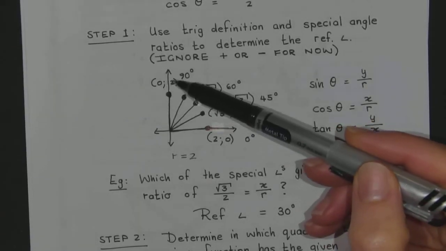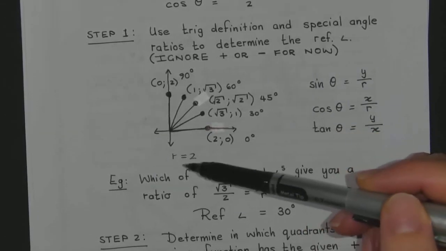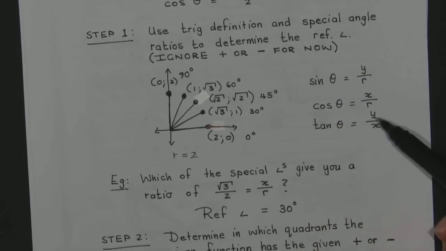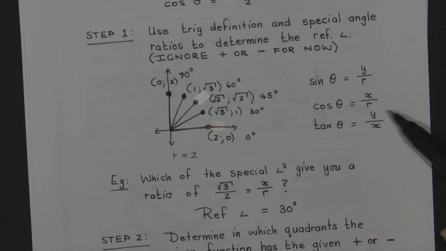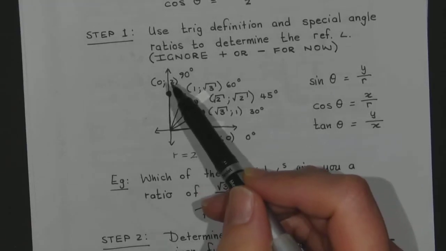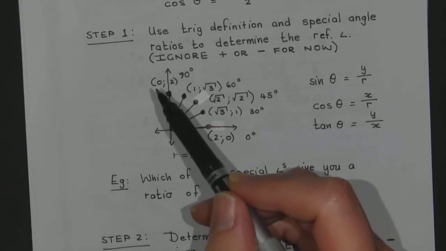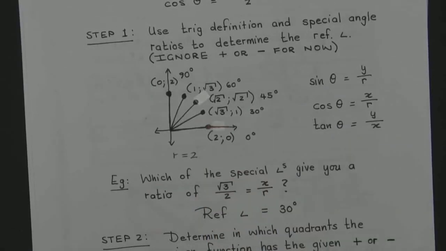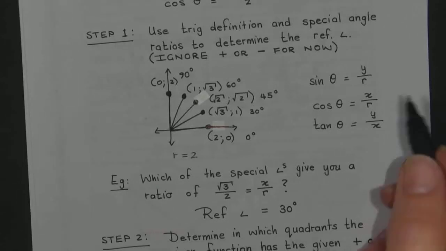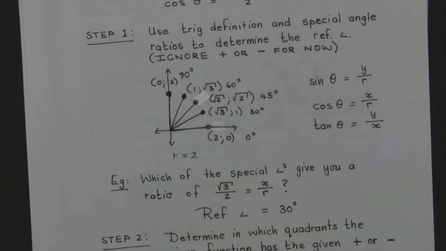There's x, there's y, and r is always equal to 2. So please remember, tan is y over x. Y is 2. X is, whoops, 0. That's why the tan of 90 degrees is undefined, because the tan of 90 degrees is 2 over 0.